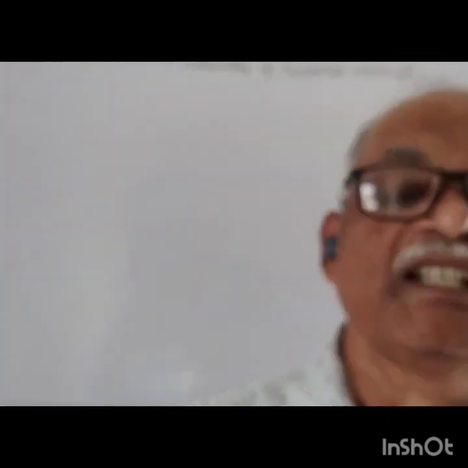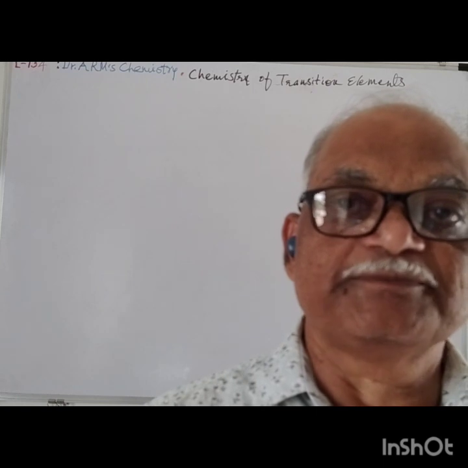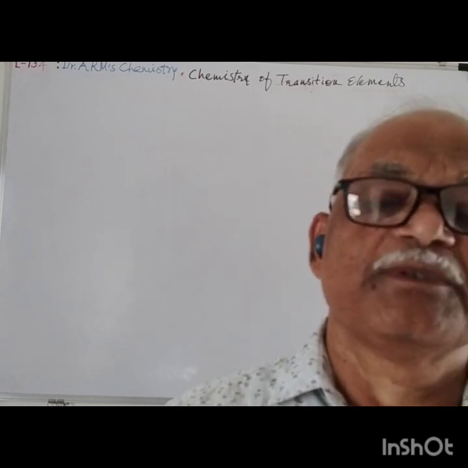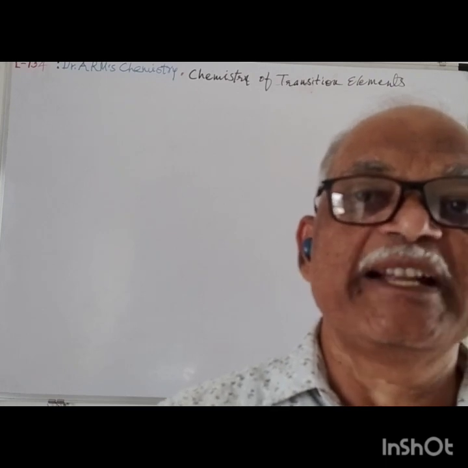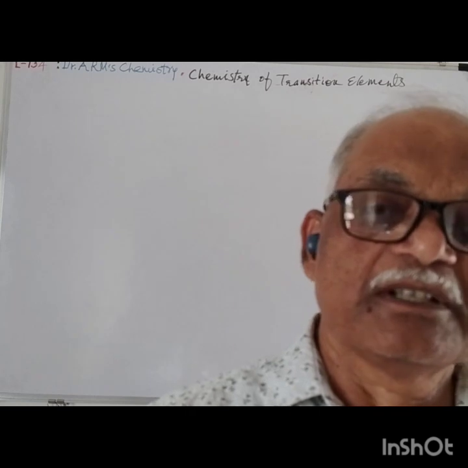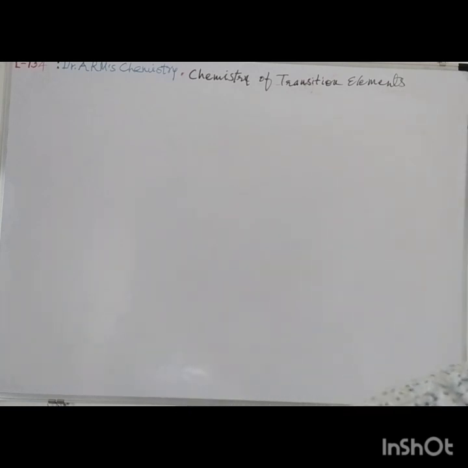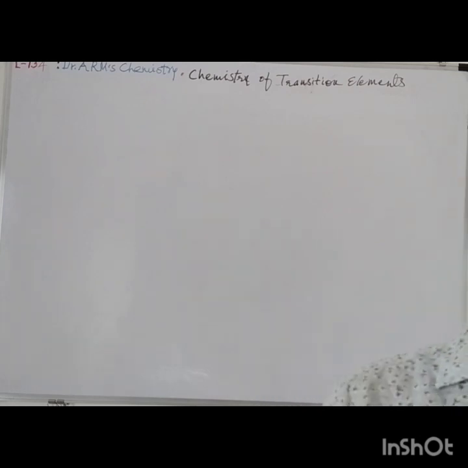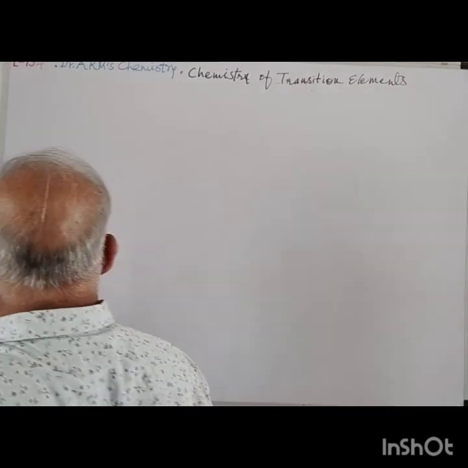We were discussing charge transfer spectra for transition metal complexes. Last time we have seen the ligand to metal charge transfer spectra in some cases as examples. Today we will see the charge transfer spectra in case of the metal to ligand transitions.